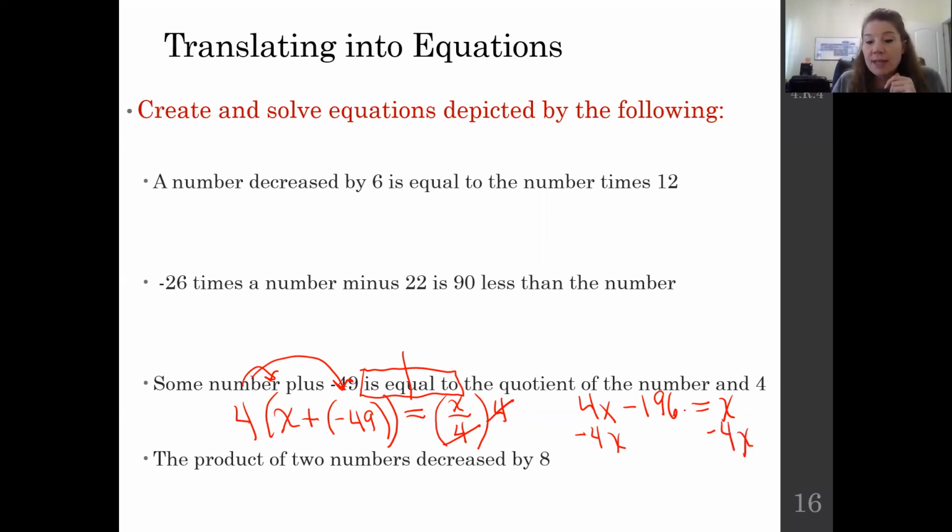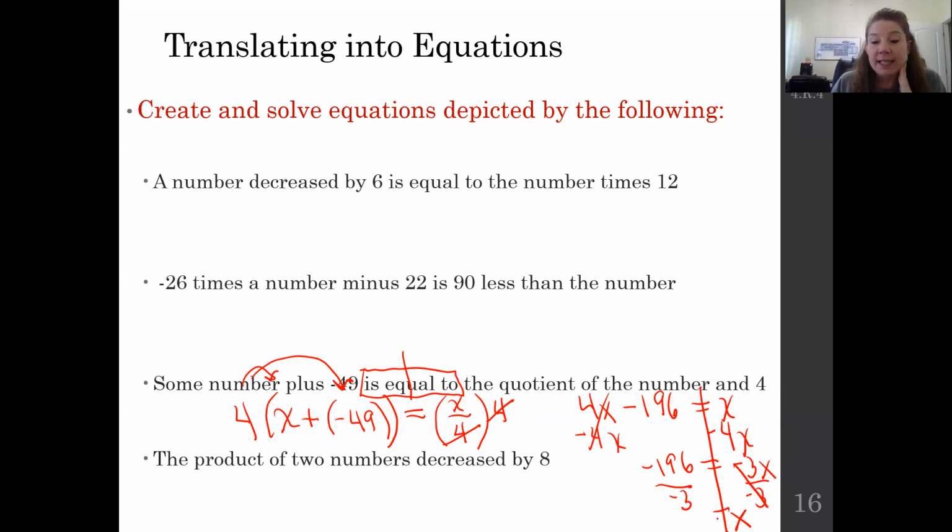So I'm going to bring down my negative 196. And now what's 1 minus 4? 1 minus 4 is negative 3. All right, so negative 3 times x, what's the opposite of multiplying by negative 3? We're going to divide both sides by negative 3.